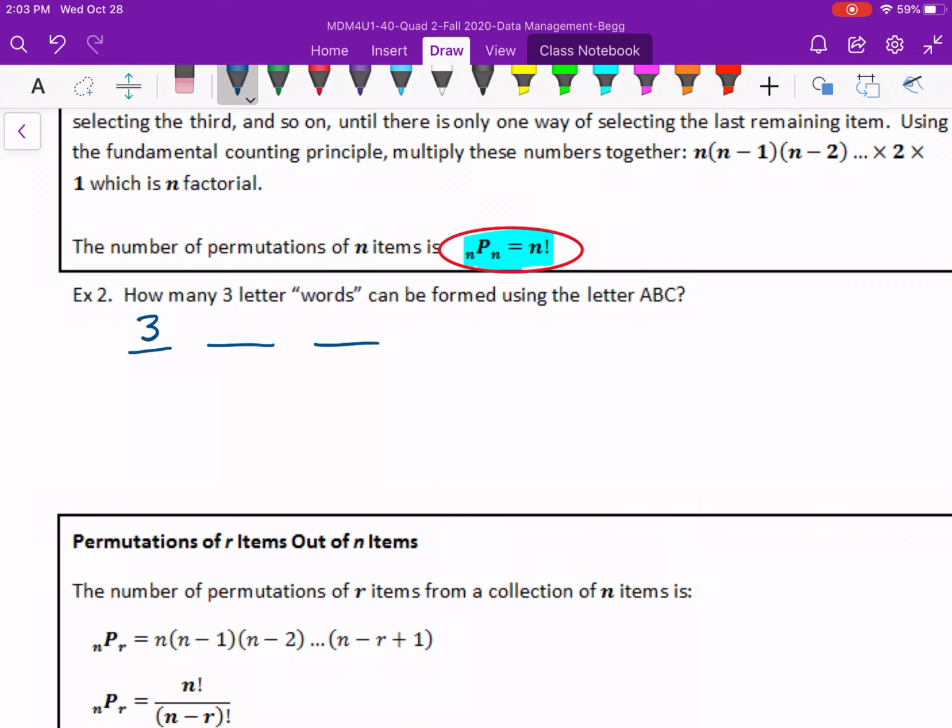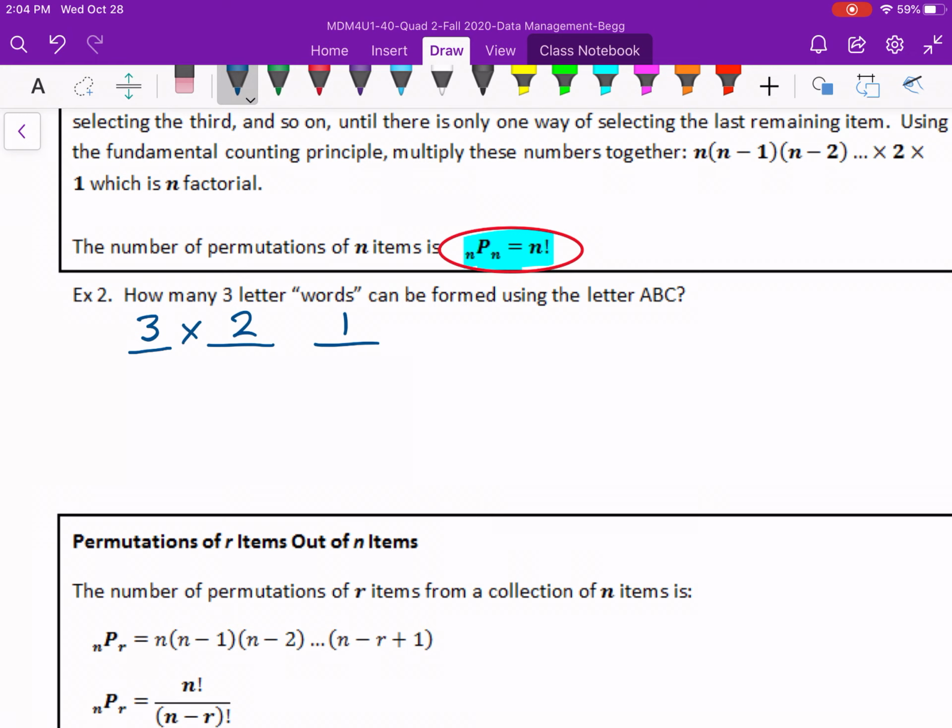Let's say I picked A for my first spot. Well, then I've got B and C left. I've got 2 choices left for my second spot. Or if I pick B for my first spot, then I've got A and C left, but I still got 2 choices. Or C, if that goes in the first spot, still got A and B left. I've got 2 choices even still. No matter what letter I pick for the first spot, there's 2 left over to put into the second spot. And after I've chosen the first and the second spot, there's only 1 letter left, and it has to go into the third spot.